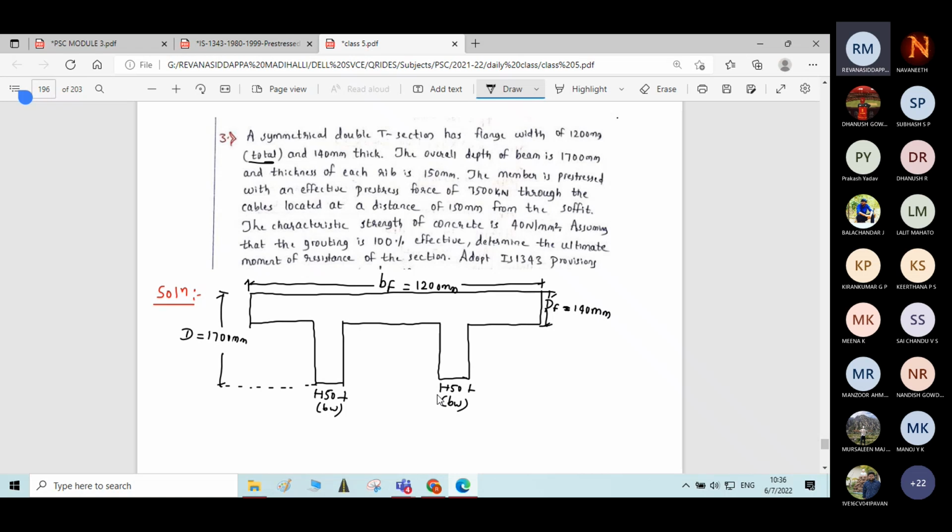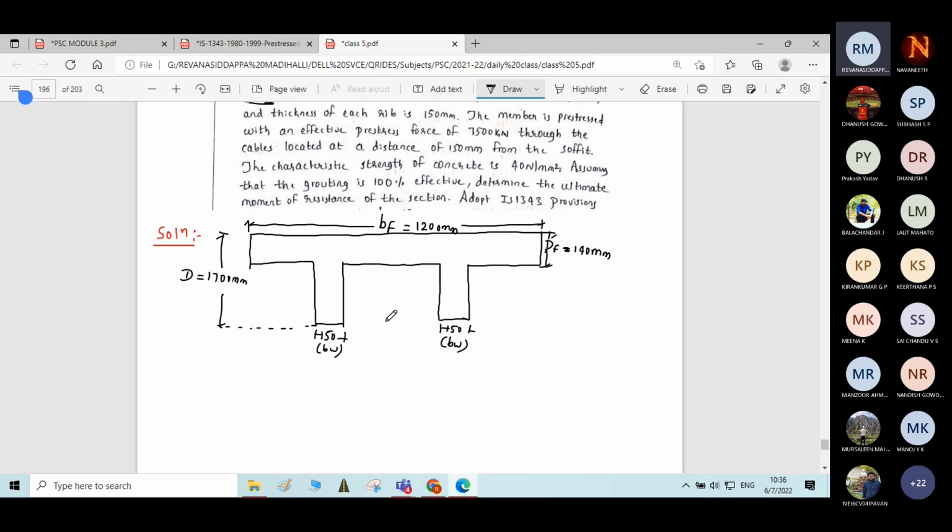The member is stressed with an effective prestress force of 7,500 kilonewton through the cables located at a distance of 150 mm from the soffit. 150 mm from soffit means you can calculate the effective depth, correct? Overall depth is given as 1700, so you can calculate the effective depth.